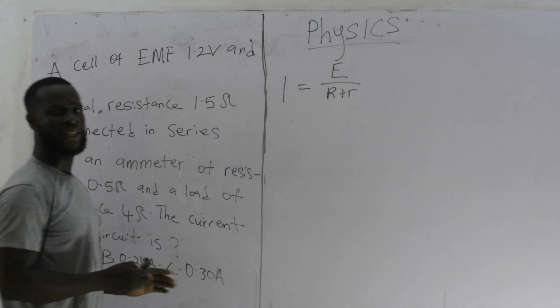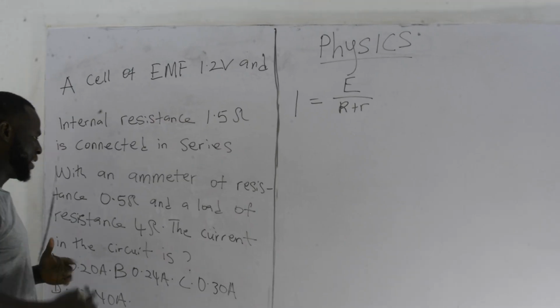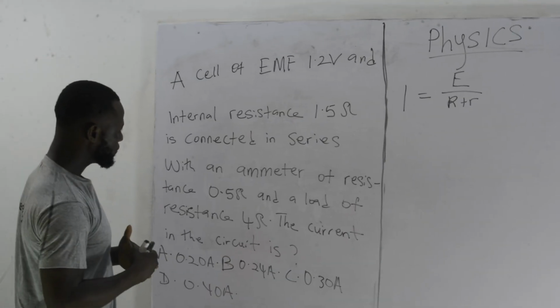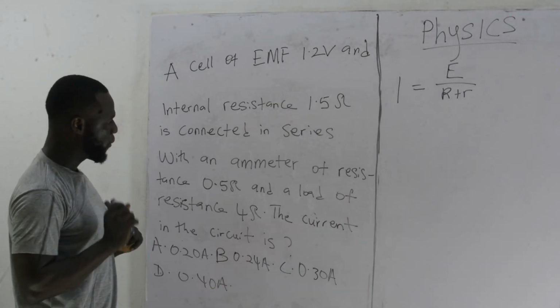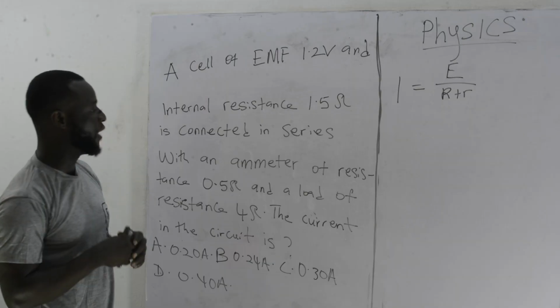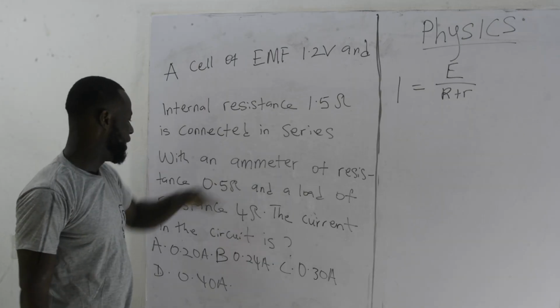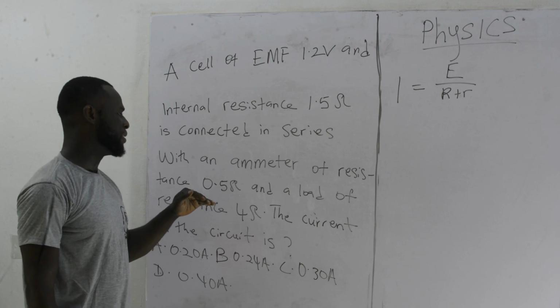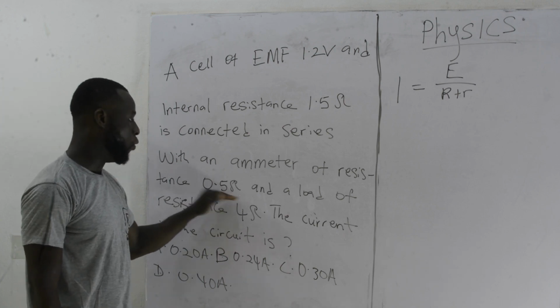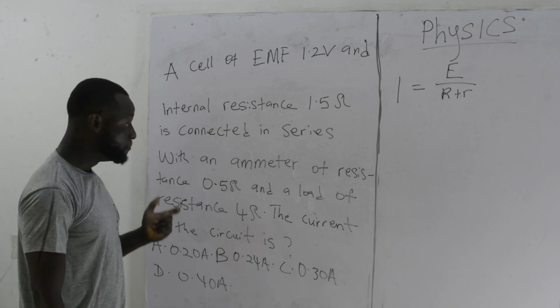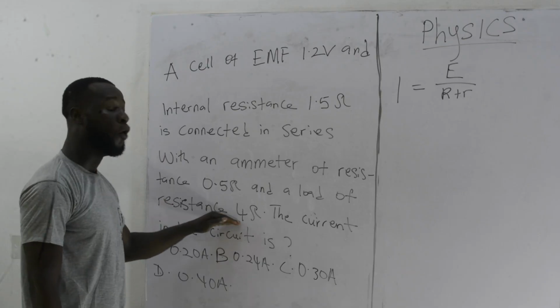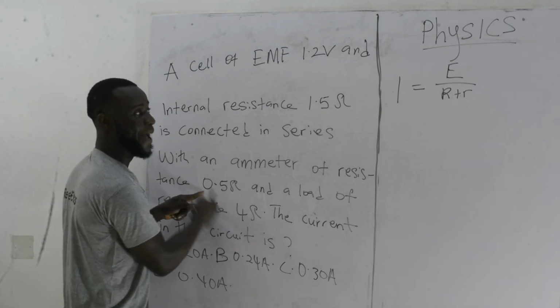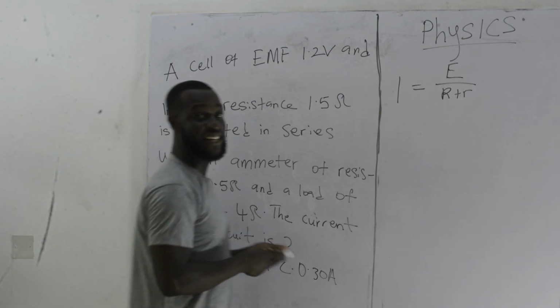I don't have a problem in knowing the internal resistance because they gave me the internal resistance of the cell. But there is a problem. It was two external components that were there. We had an ammeter and then of course we had a load. The ammeter had a resistance of 0.5 ohms while the load has a resistance of 4 ohms. So both of them were my external resistance and they are in series.